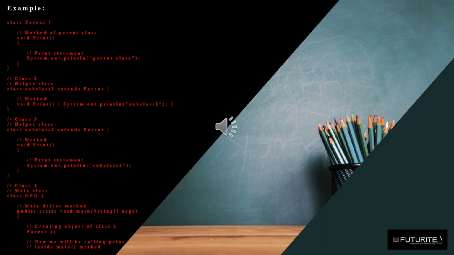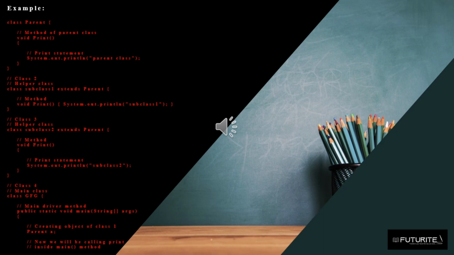Now this is a bit more critical than method overloading. Here I'll make you understand what method overriding is. Here is one class named Parent, another class Subclass 1, another class Subclass 2, and finally we have the GFG class.